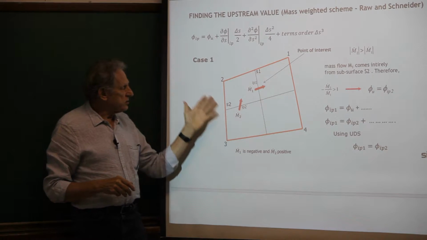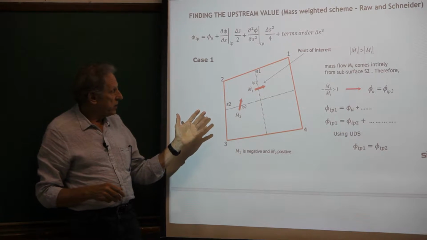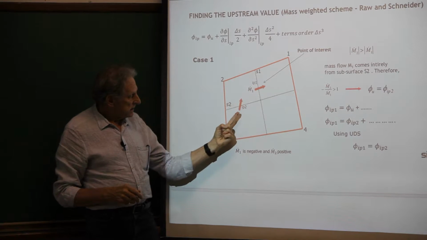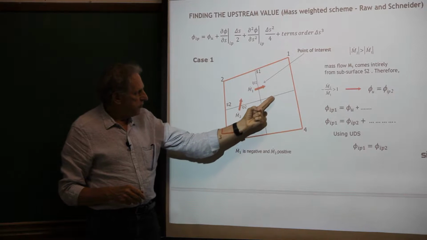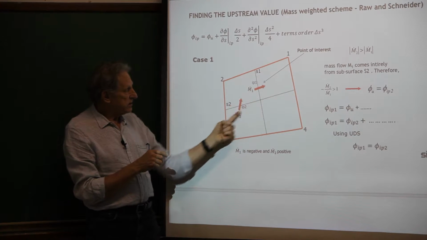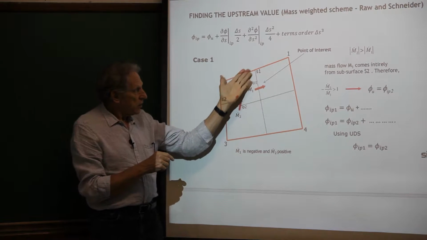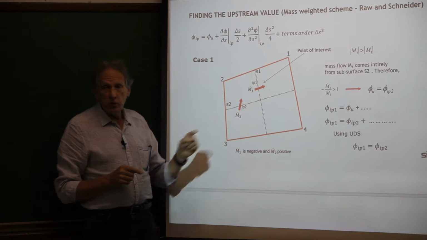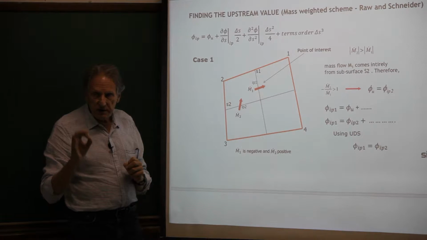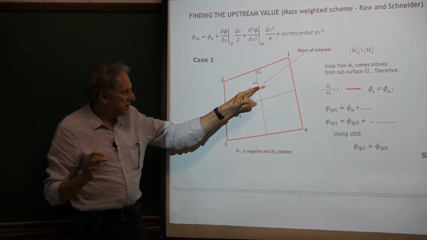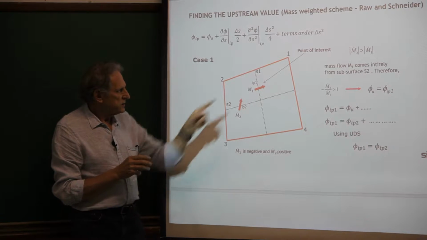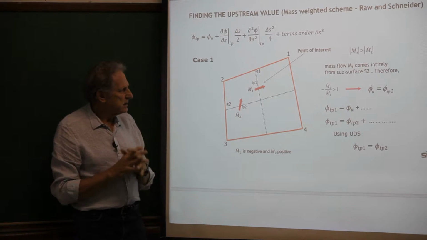Let's consider integration points 1, 2, 3, and 4. But let's consider this condition, in which you are interested in calculating the value of the variable at this integration point, IP1. So this point of interest is IP1.